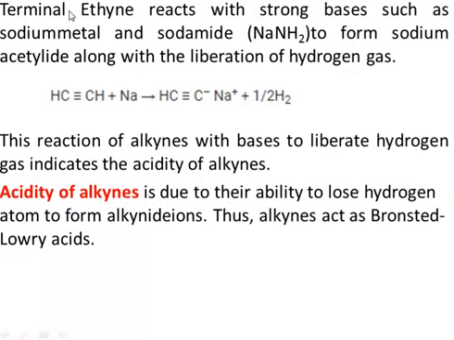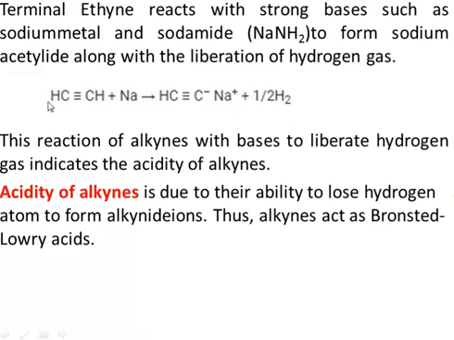Just remember, a terminal alkyne must have at least one hydrogen directly attached to the triple bond carbon. So when terminal alkynes react with strong bases like sodium metal or sodamide, they form sodium acetylide, and hydrogen gas is liberated.